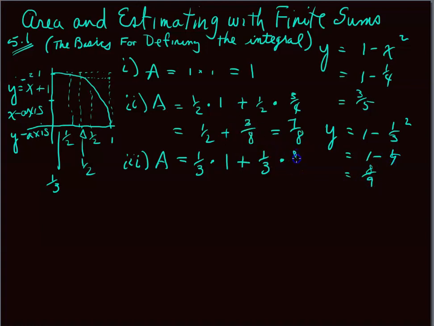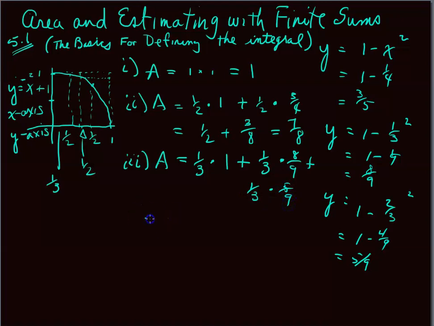And that would go here, 8/9. But now we have another rectangle, 1/3, this last rectangle, and now this height is at 2/3. So we get 1 minus 2/3 squared, which is 1 minus 4/9, which is 5/9. So this is 5/9 here.